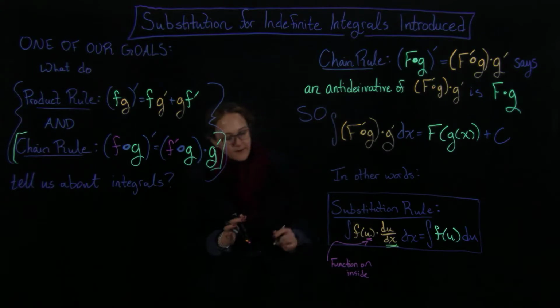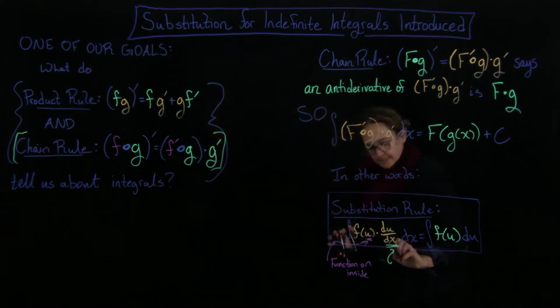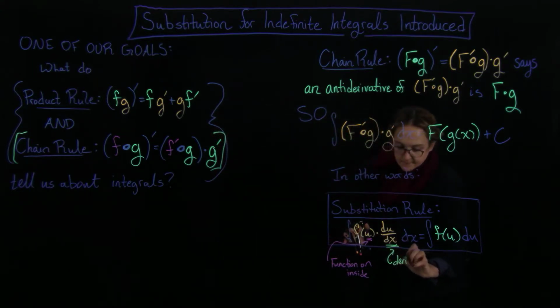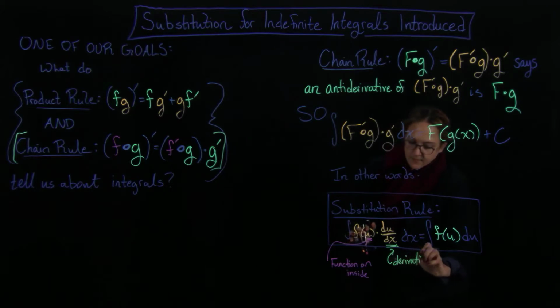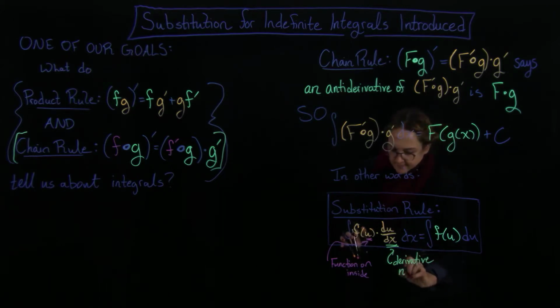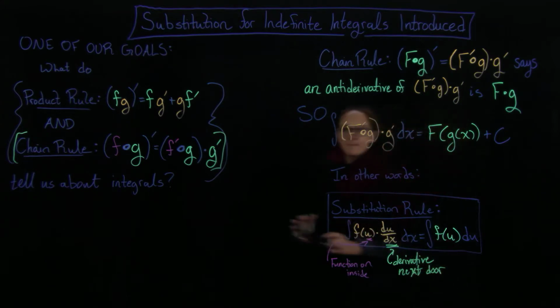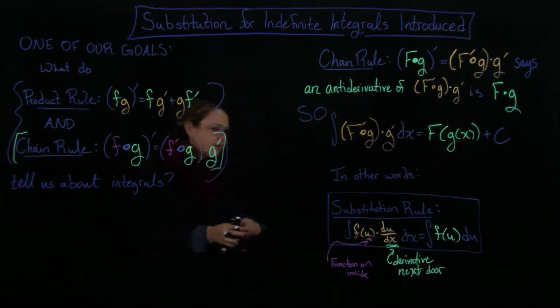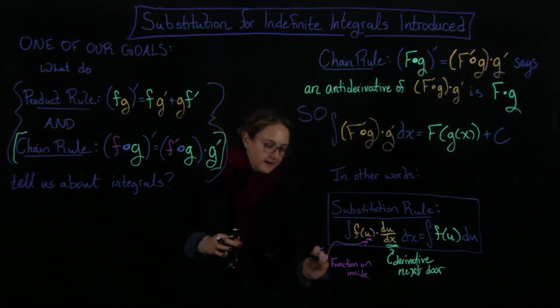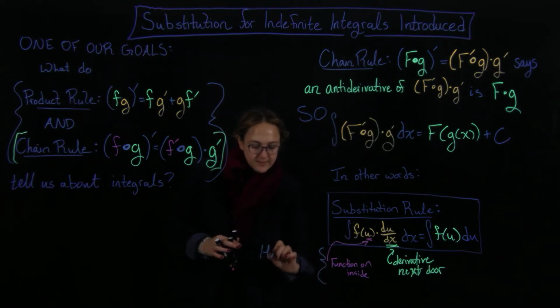So this is the derivative next door. And this is how you actually identify it, and we'll go through a lot of examples of this so that hopefully this becomes something that's very comfortable for you.